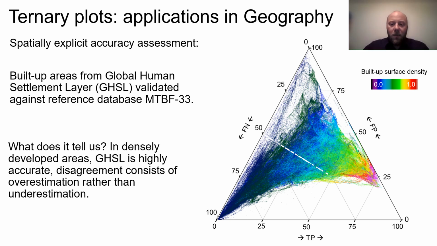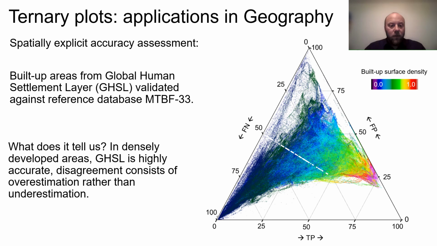And we are then able to locate each grid cell of our study area in a ternary plot, right? Because with each grid cell, we have associated the number of true positives, false positives, and false negatives as a percent measure based on the spatial neighborhood of each pixel. So we can visualize local accuracy measures in a ternary plot, and this is what we see here.